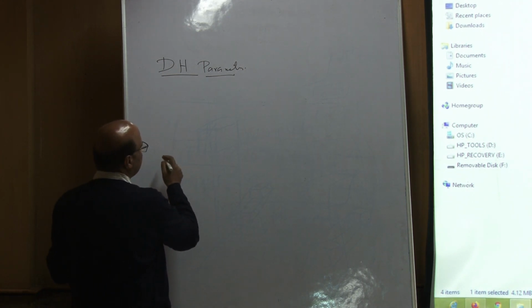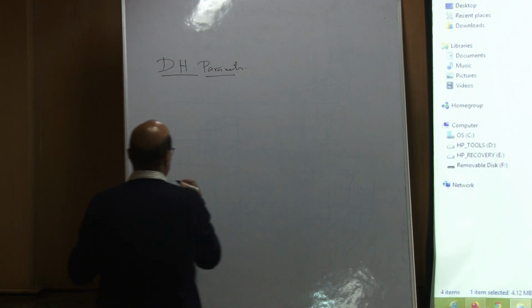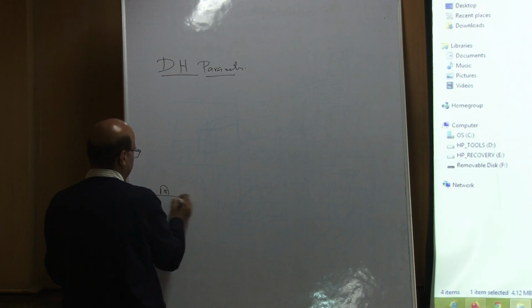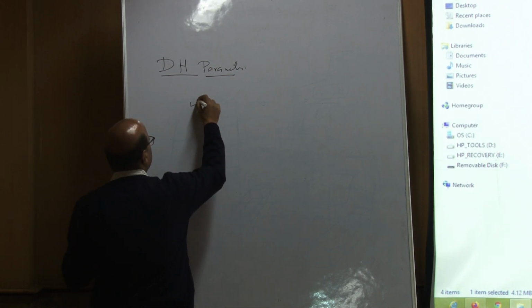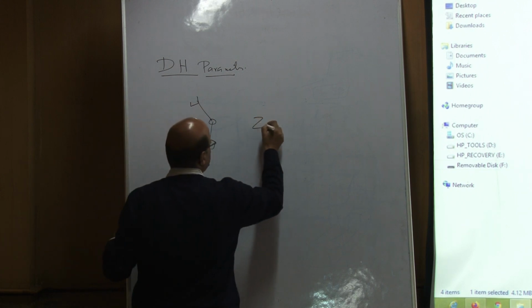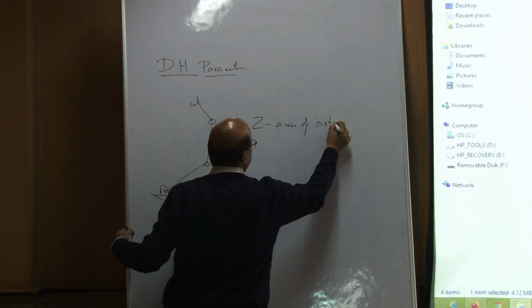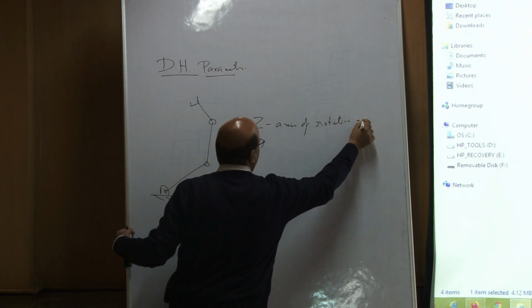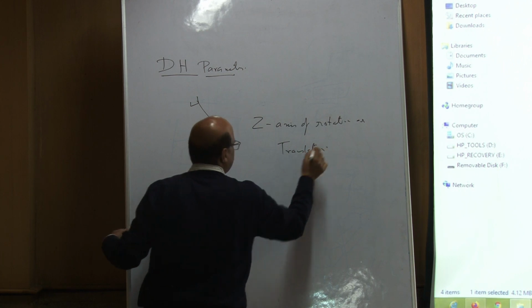The DH parameters are assigned with the z-axis. Let's do it like this. We'll take a simple example before making it more general. It is very, very simple.